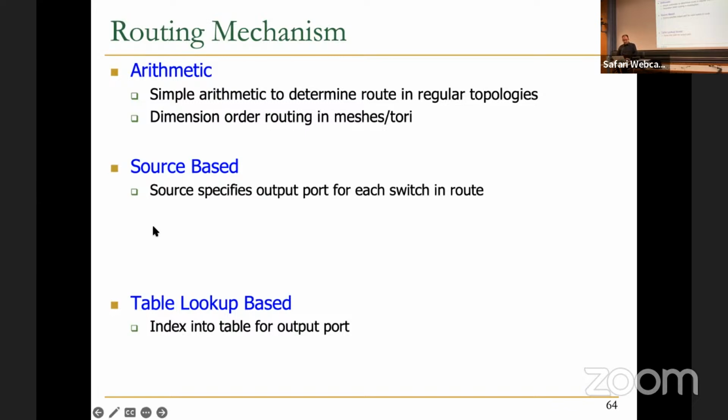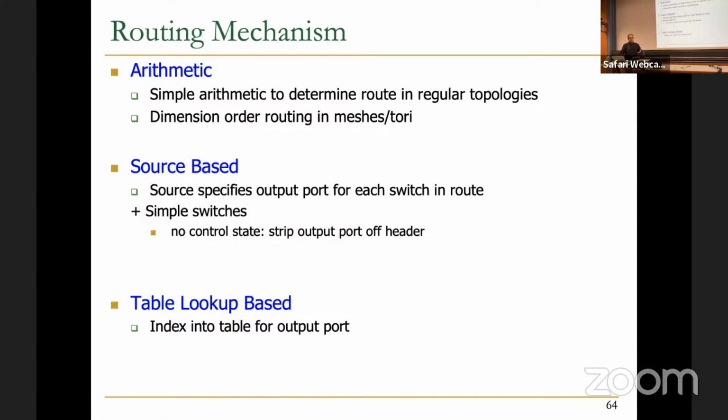So basically, you put all these ports that the packet should take at the source. This is simple and makes your routers or switches quite simple because you don't need to do this arithmetic at every hop. You only do it at the source. But at the same time, it makes your header large. Another way is to do table lookup based.